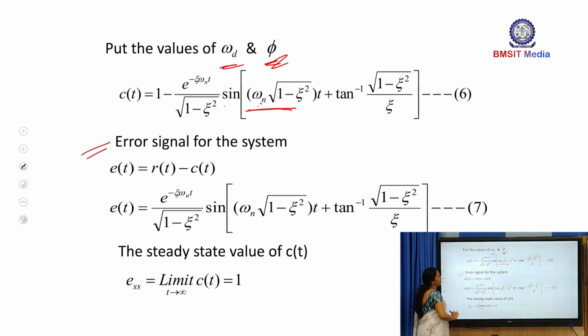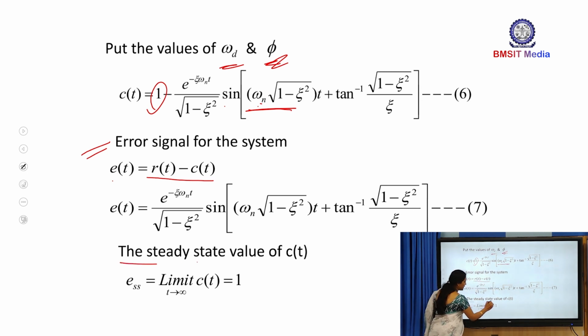Now if I want to find out the error with respect to this particular system, then I know that it is r of t minus c of t. Therefore c of t I have already here. And what is the value of r of t? r of t is again equivalent to 1 here. Therefore 1 and 1 get cancelled. I am getting the remaining part as it is.